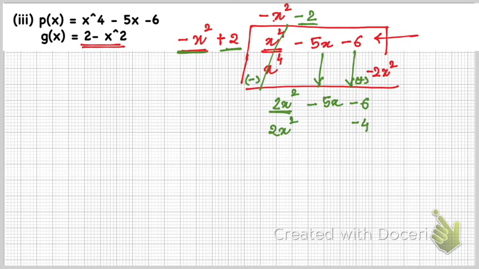Okay, so we got here minus 4. Changing the sign again, here we will get minus and it will become plus. Now these two terms will get cancelled, and here we will be left with minus 5x, and minus 6 plus 4 will give us minus 2.